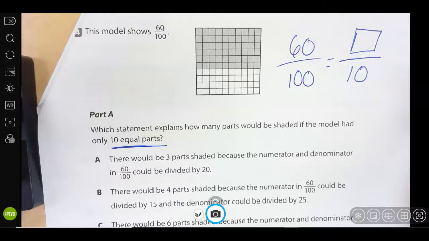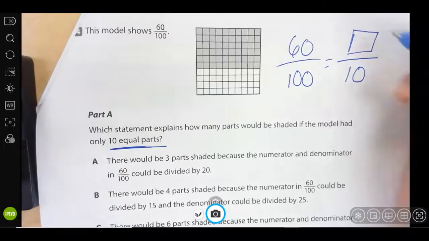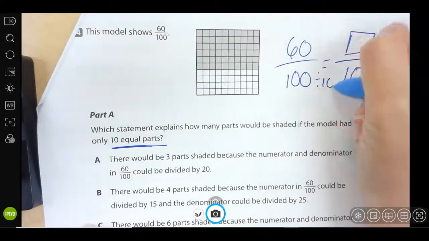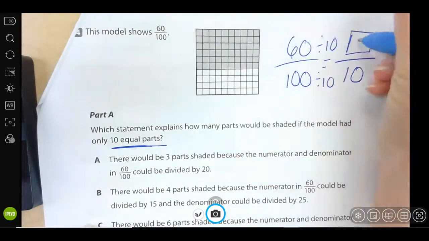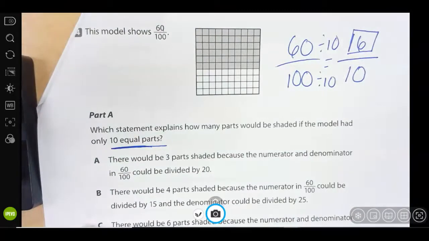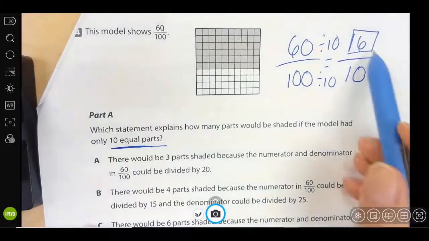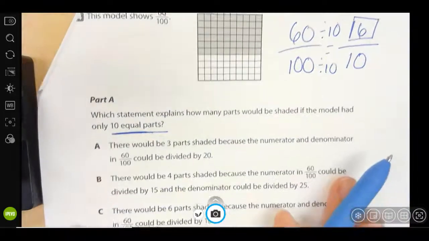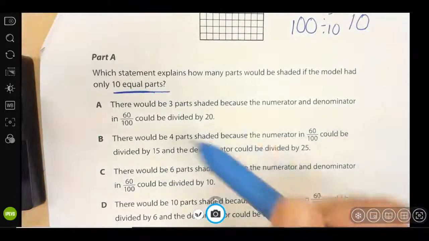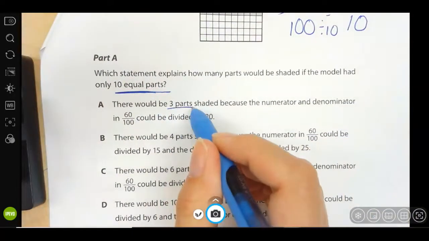Did you divide or multiply to find that number? Divide. Good. So we divide by 10, divide by 10. This makes us a 6. Okay? So we have 6 parts. So we're looking for something in the answer that says 6 parts. There would be 3 parts. Is A our answer?